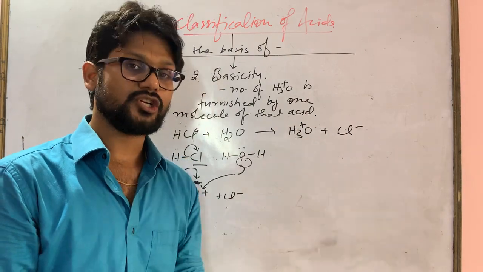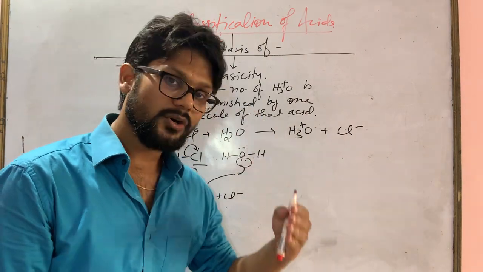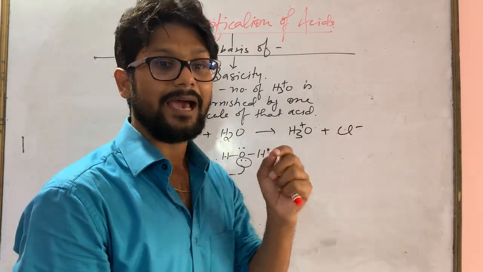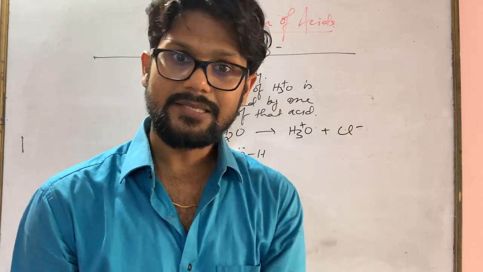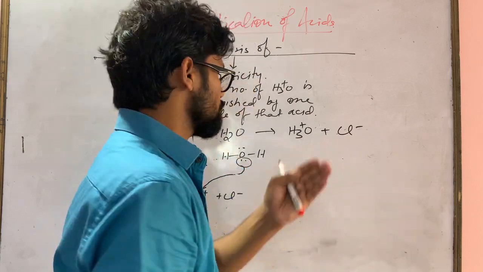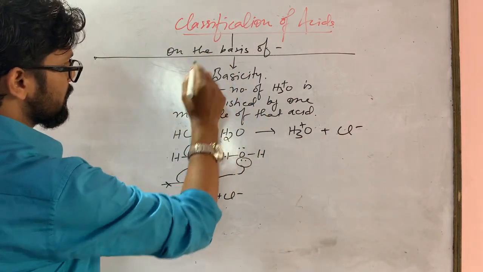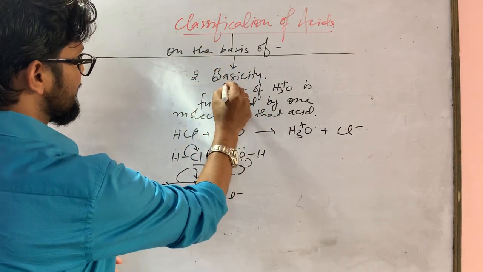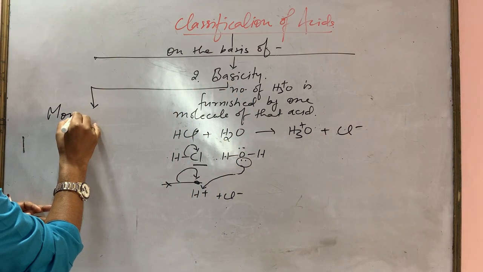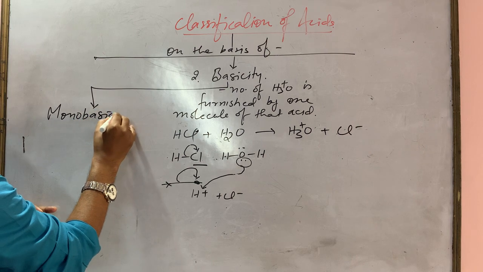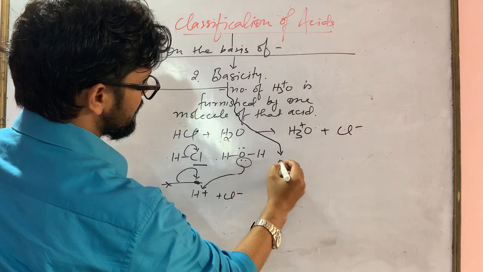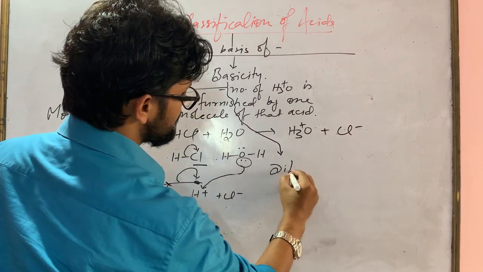According to the number of hydronium ions formed or furnished by an acid, acids are called monobasic, dibasic or tribasic. So the classification of basicity is, I'm writing here, monobasic, or you can say monobasicity. Second, I am writing, that is called dibasicity.